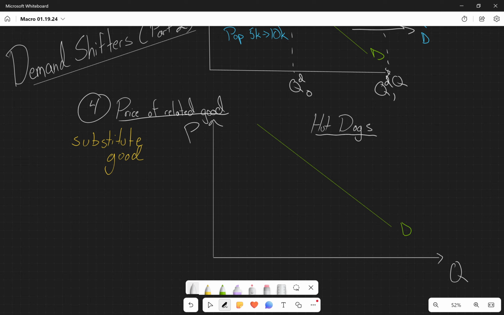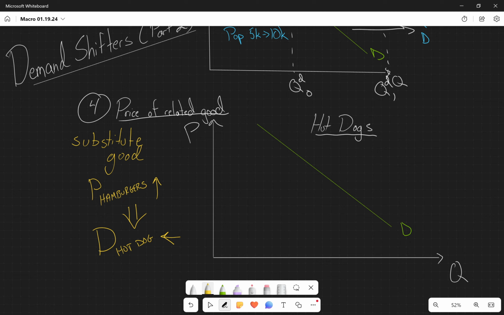So the demand for hot dogs, and what happens when the price of a substitute good, let's say the price of hamburgers, increases. When the price of a substitute good increases, that's going to cause my demand curve for my good to shift inwards, or to the left.